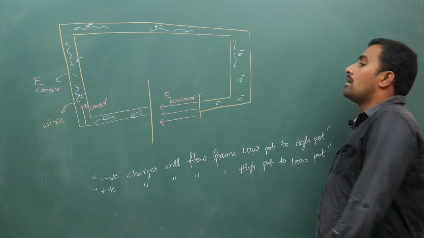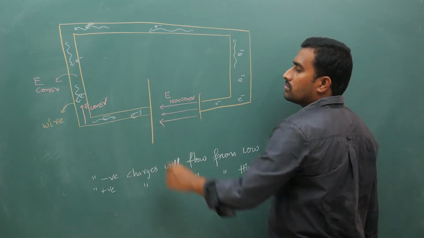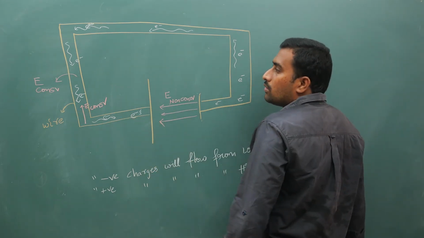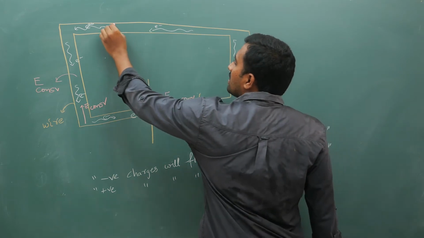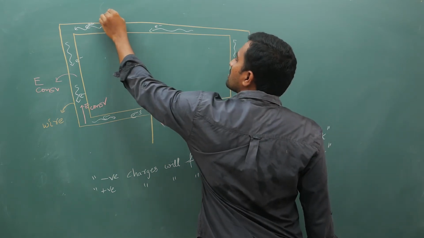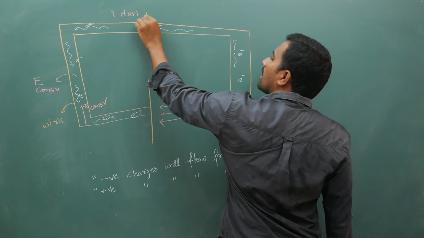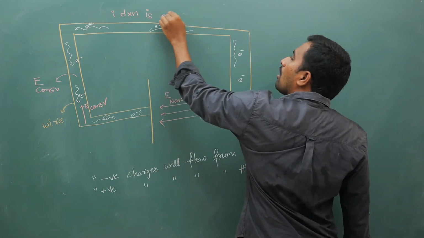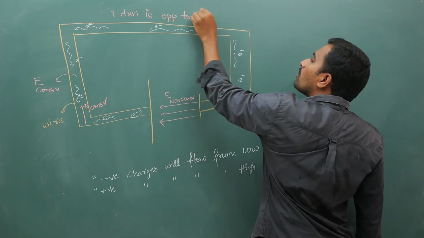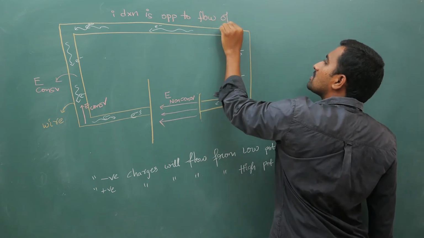Now coming to this part, the current direction is opposite to the flow of electrons.